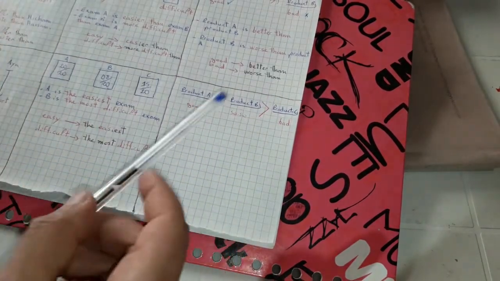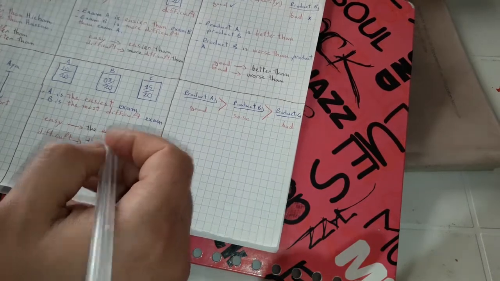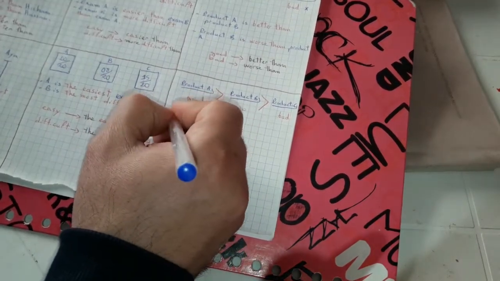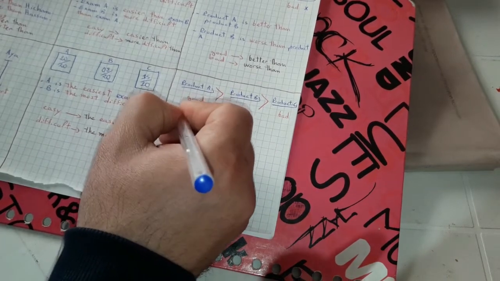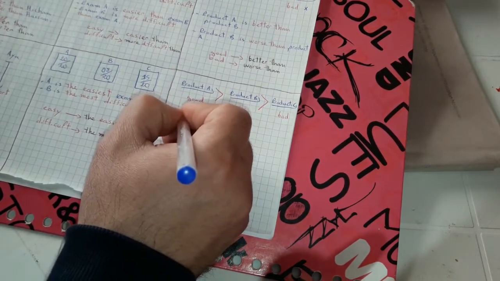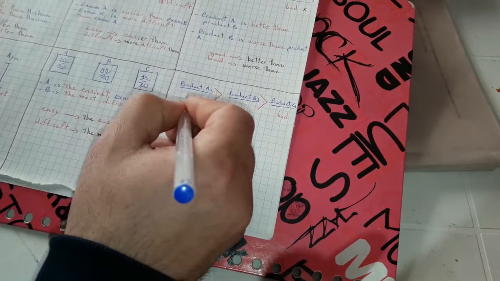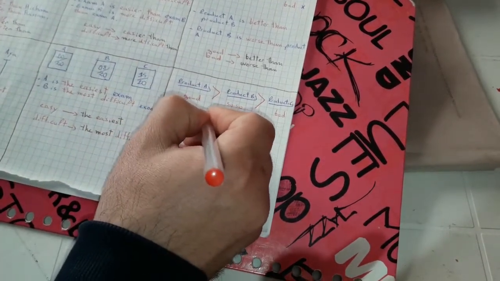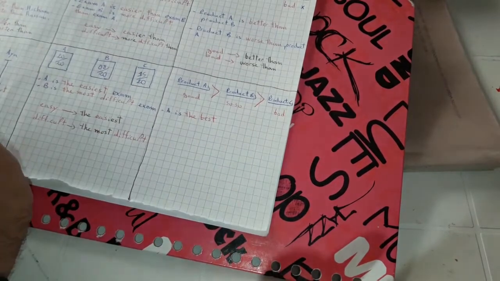So how can I make the superlative form if I start with product A? So A is the best product.